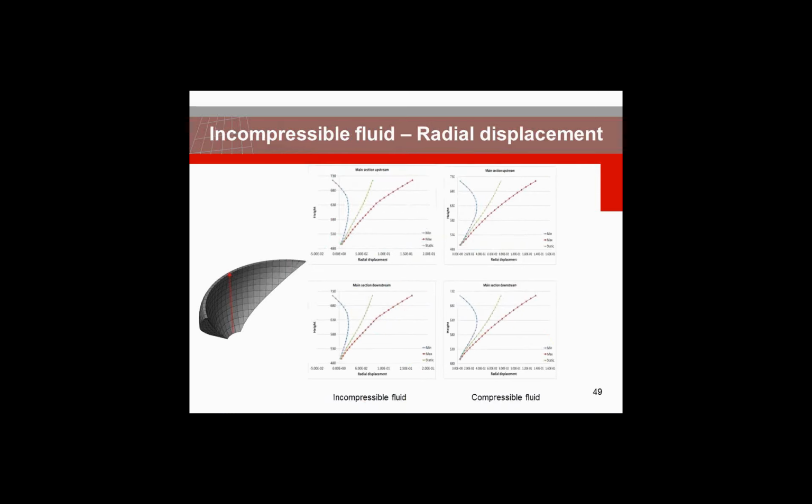The radial displacement is more similar in both cases, but again it's not totally the same, right? We have that in the incompressible case, the maximum displacements are a little bit higher than in the compressible case, but it's not so much.